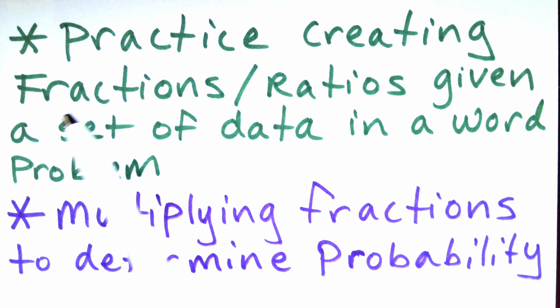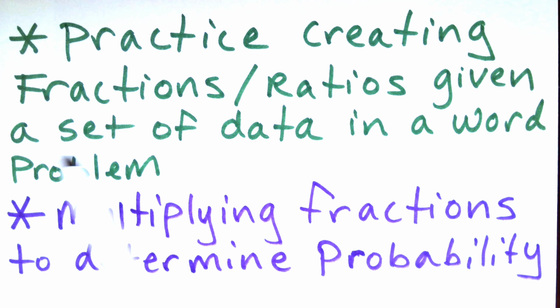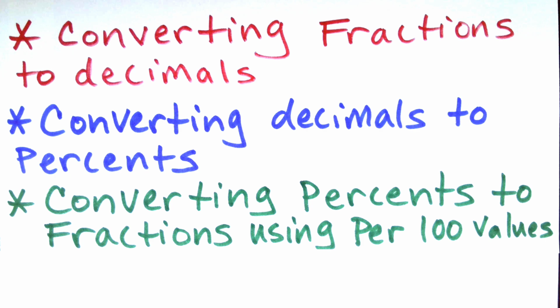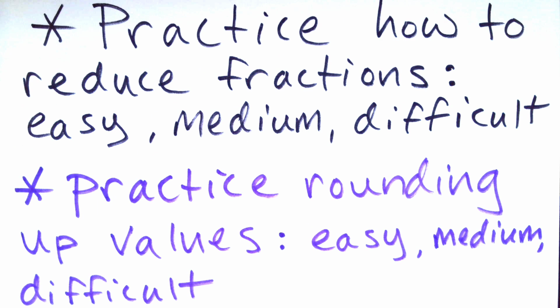Practice creating fractions, ratios, given a set of data in a word problem. Multiplying fractions to determine probability. All right, converting fractions into decimals, converting decimals to percents, converting percents to fractions using per 100 value. All right, practice how to reduce fractions, easy, medium to difficult.